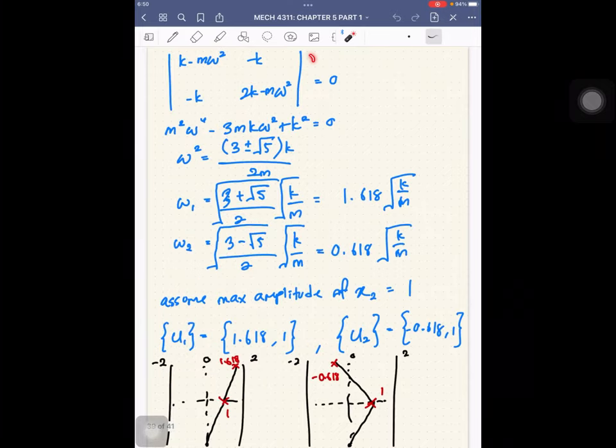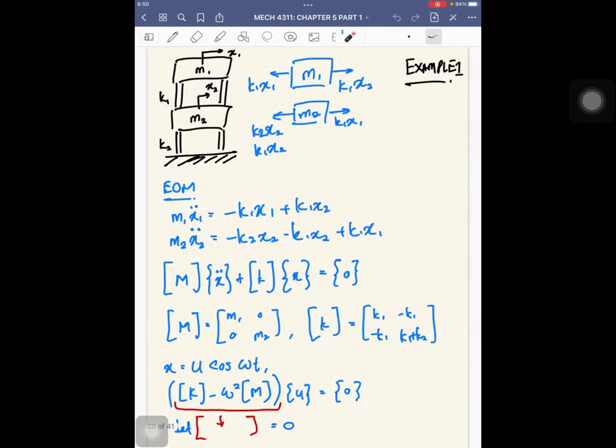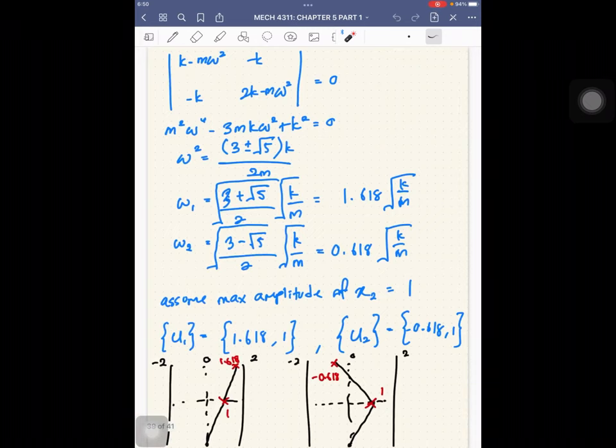We have already substituted x with u cosine omega t into the equation, and here it is left with m and omega. So we bring this and continue with the characteristic equation and find the roots for it.